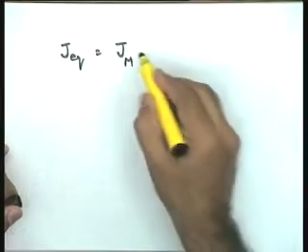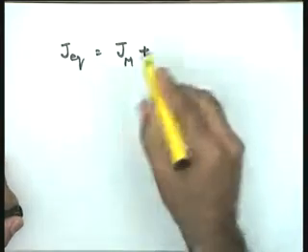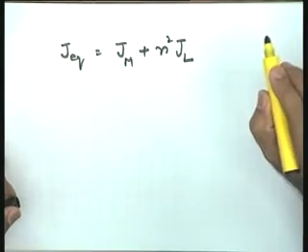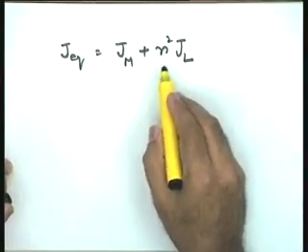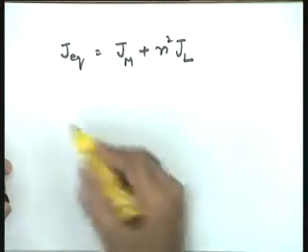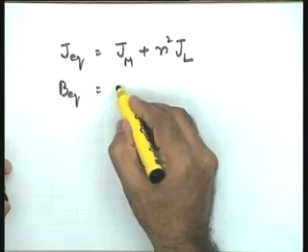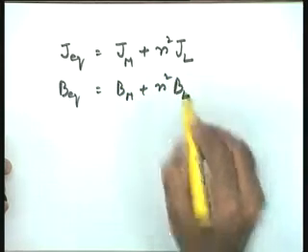J equivalent onto the motor shaft will be given by Jm, the moment of inertia on the motor shaft, plus an equivalent portion reflected from the load shaft, and that value is n square JL. So, the equivalent moment of inertia on the motor shaft is Jm plus n square JL. Similarly, the equivalent viscous frictional coefficient is Bm plus n square BL.